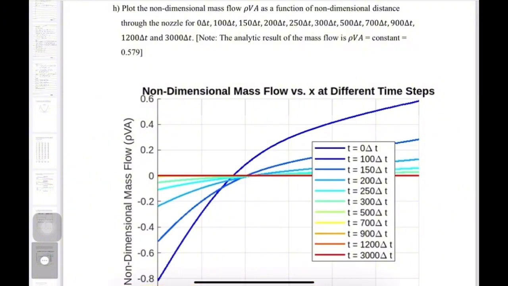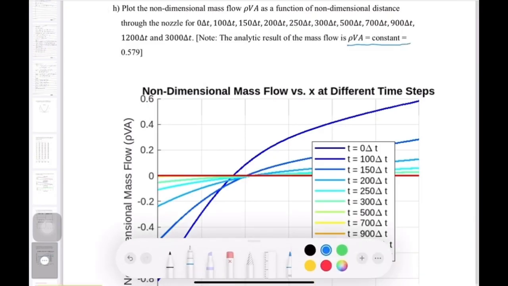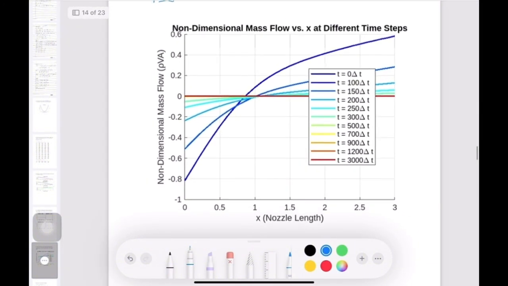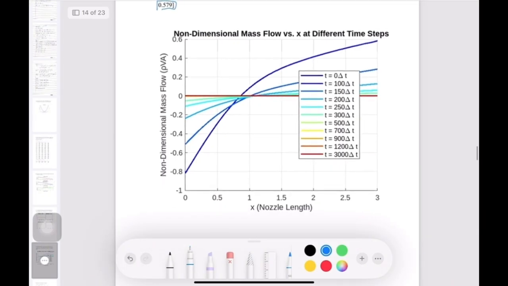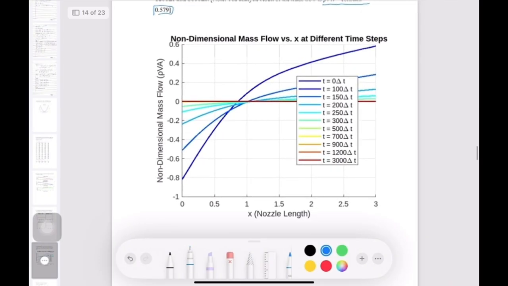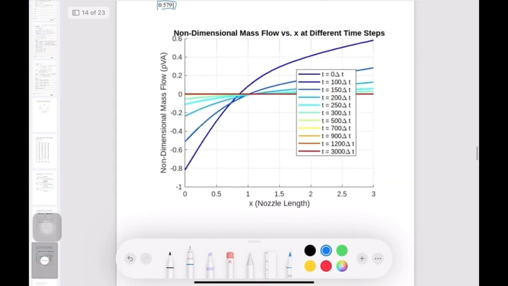Note that the analytic result of the mass flow rho V A is equal to a constant, which is 0.579. And here is the graph for non-dimensional mass flow versus x at different time steps.